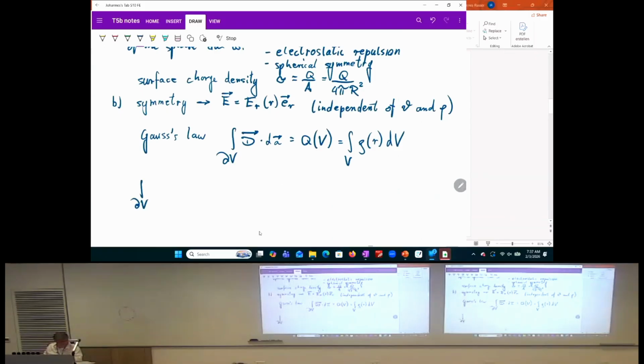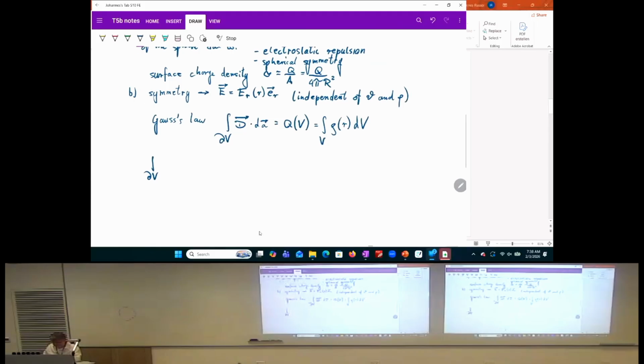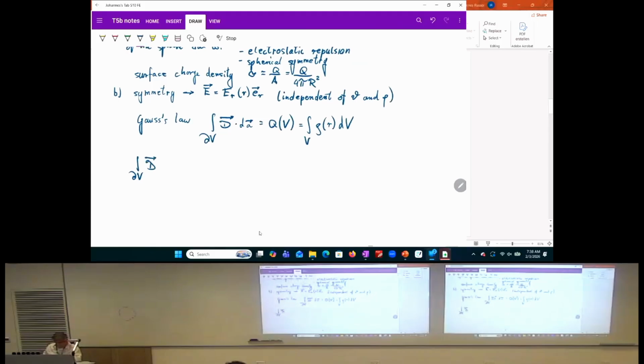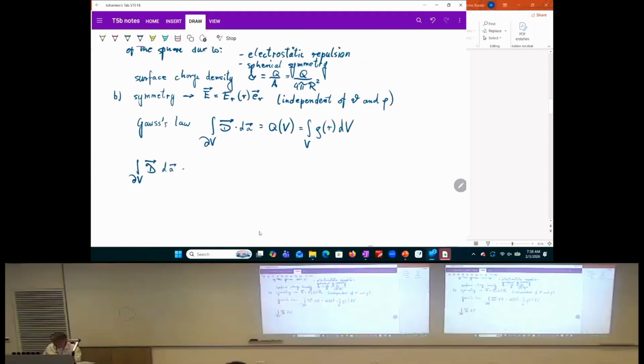If you integrate in spherical coordinates over the D field, you have this integration here for phi from 0 to 2 pi, for theta from 0 to pi, r dr. And there you have what you need as the differential area element in spherical coordinates for the r component.